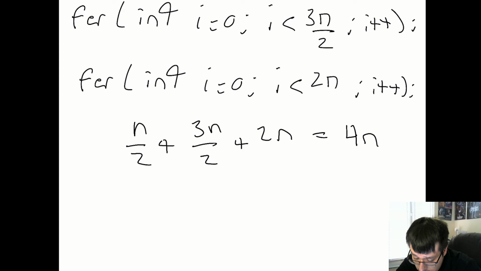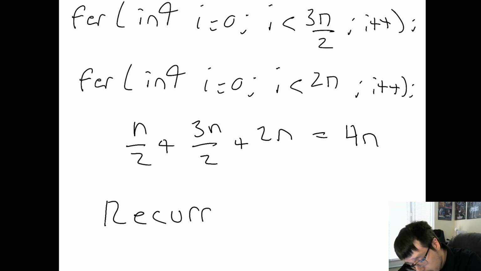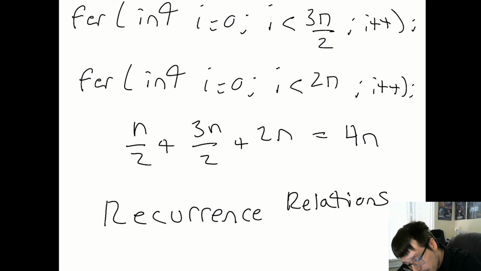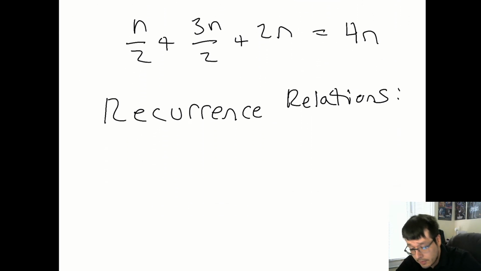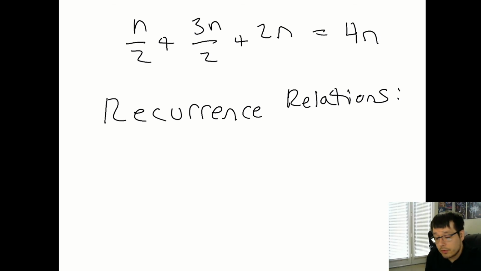So now that you know that you can add common terms, let's talk about a very, very scary topic for this class. It's going to be the hardest topic of the class. And that's recurrence relations. And this is something else that you can put in your write-up. You can figure out these recurrence relations when you're figuring out asymptotic complexity. So what are recurrence relations?